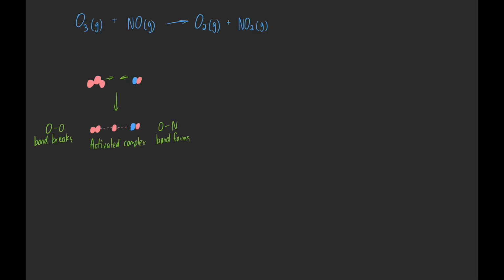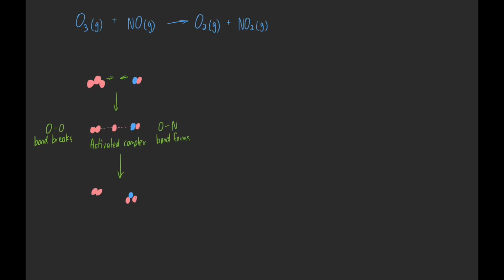This activated complex will then break down, and what we'll be left with are the products of our reaction, which, drawing with our atoms represented by balls, we have our oxygen and we have NO2. So in this example, the reaction only occurred because the molecules were coming together in such a way that this activated complex could be formed.